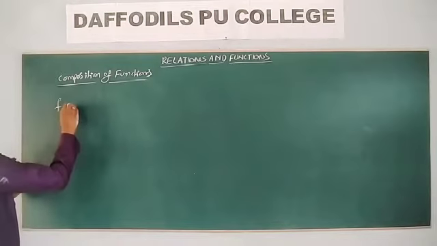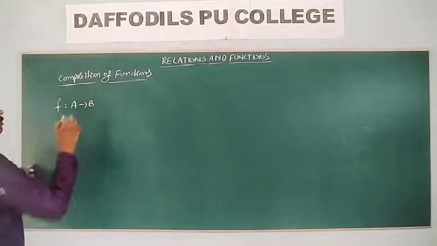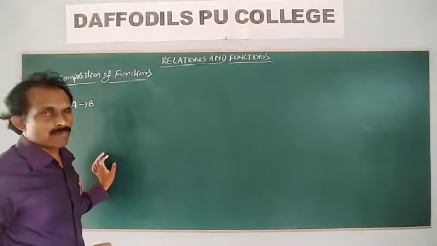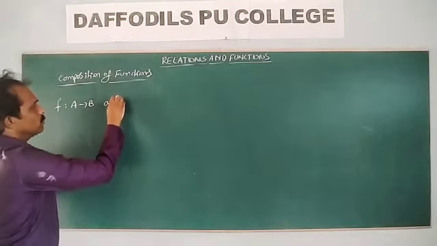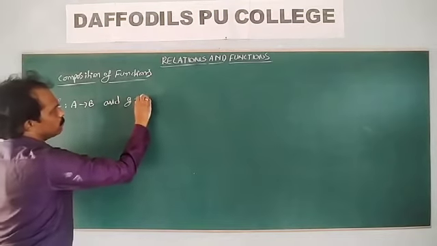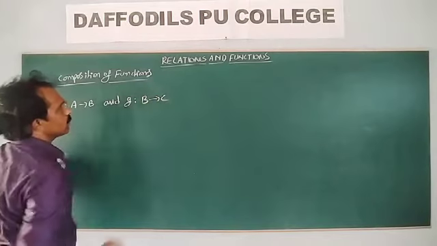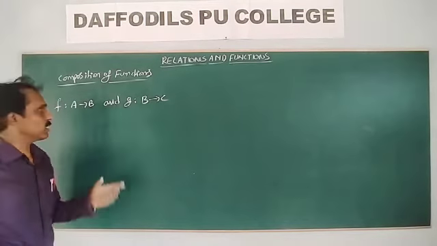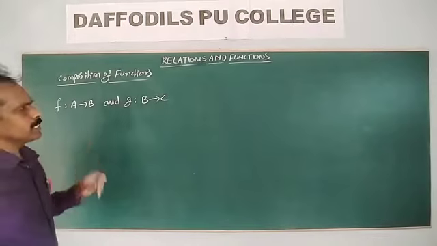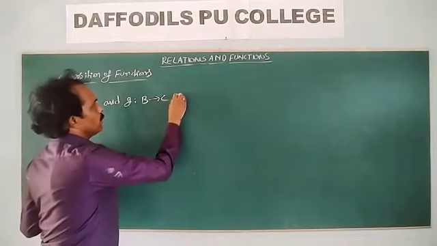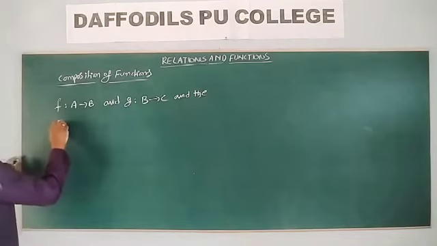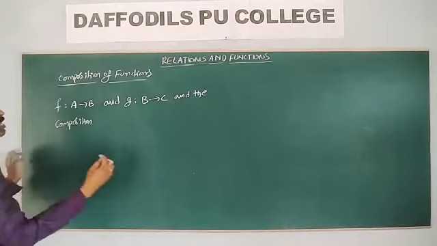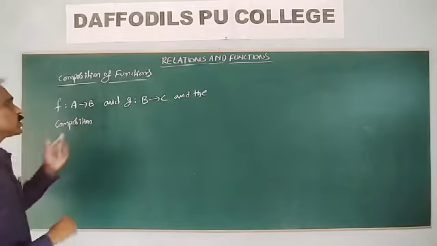Let f map A to B, a function. A is called the domain and B is called the codomain. And g maps B to C, a second function. Therefore f and g are two functions, and we will combine these two functions.